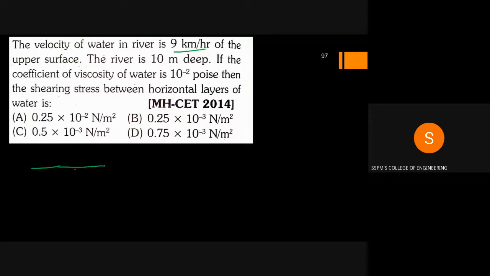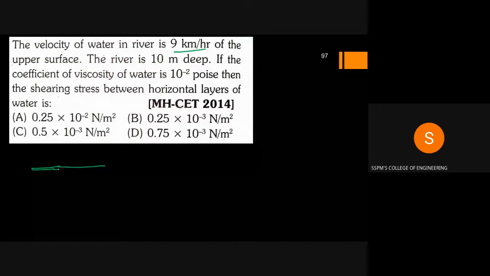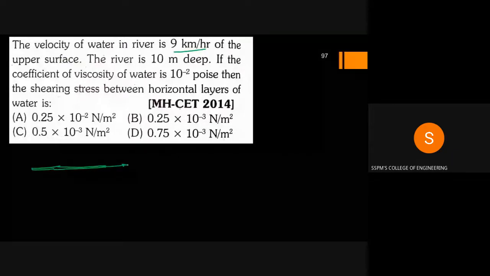So this is the top layer of the river, and its velocity is given as 9 kilometer per hour.